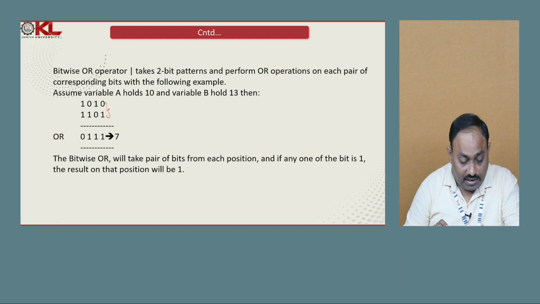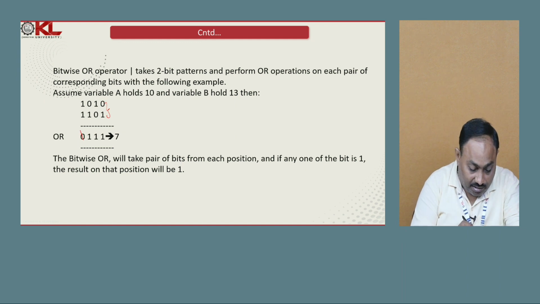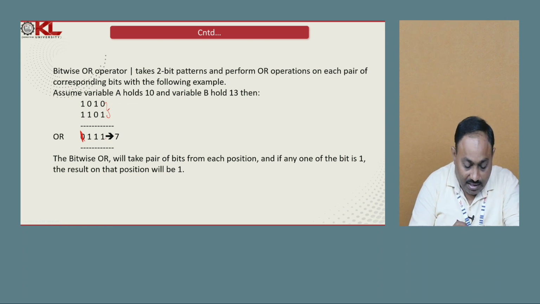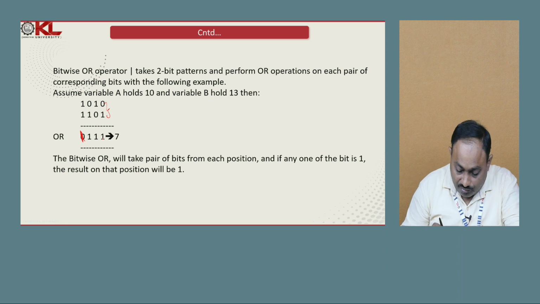Now when you take this, if any bit is 1, here it is also 1. If you take any bit like this, you can get the value, 0 2, then 4 ones is the result.